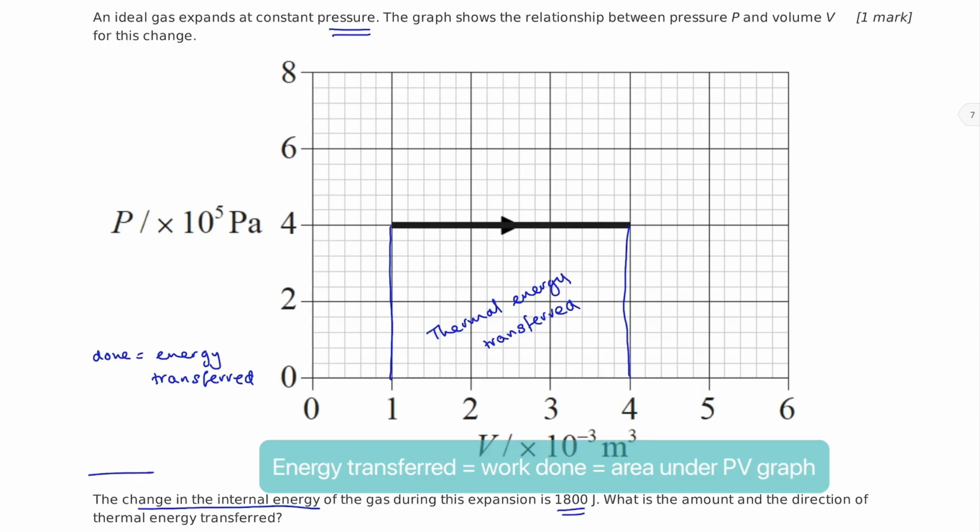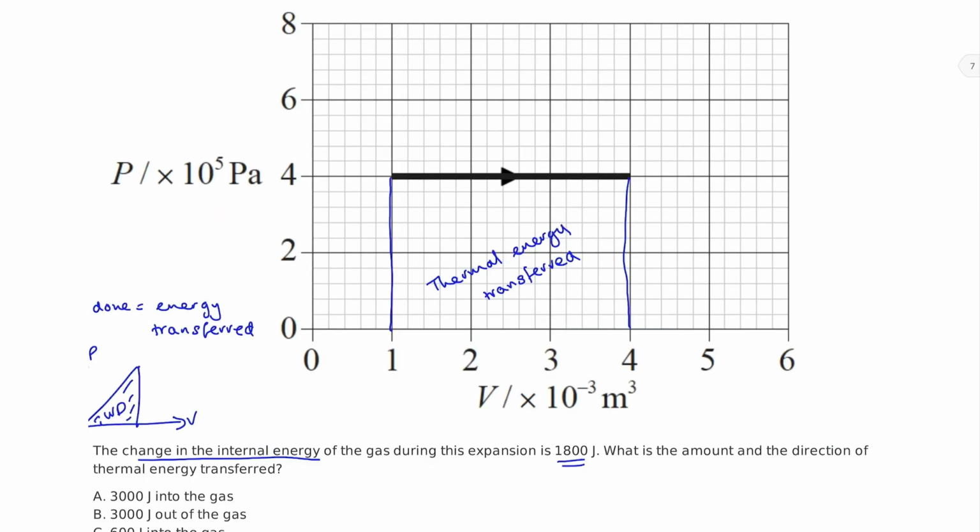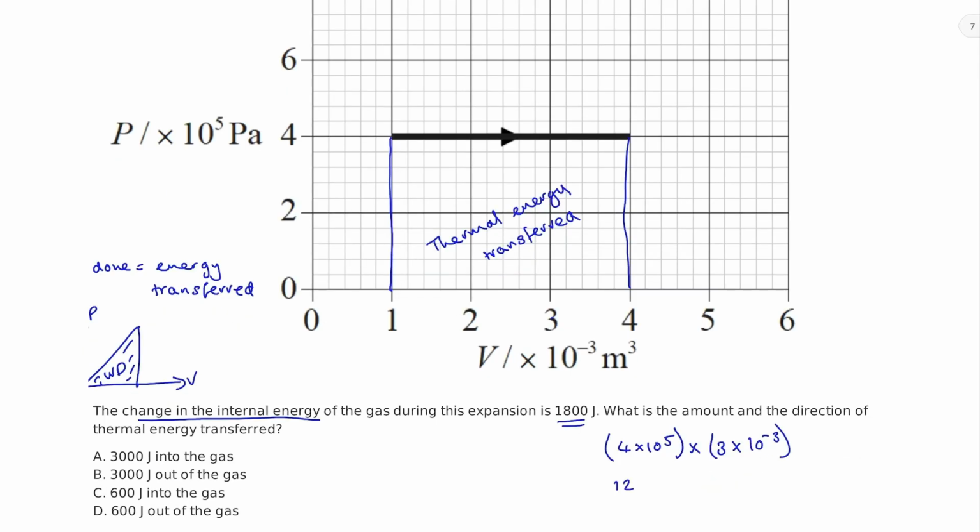And the area under a PV graph is equal to work done. So what's the work done here? Let's do it. We've got 4 times 10 to the 5 times 3 times 10 to the minus 3, which gives us a value of 12 times 10 to the 2, which is 1,200 joules.